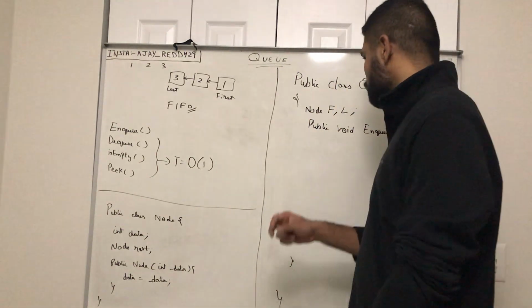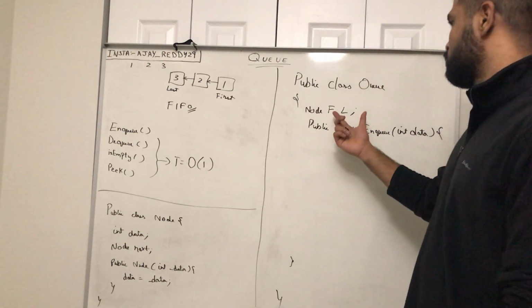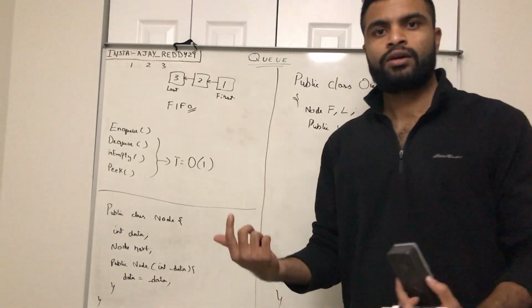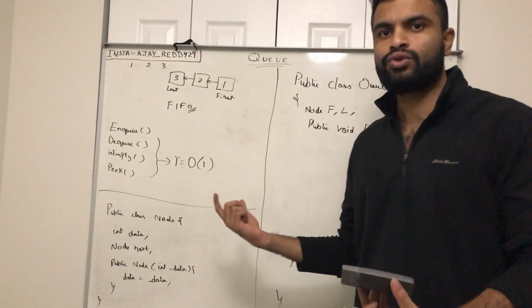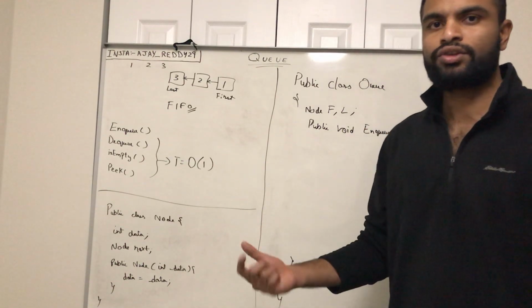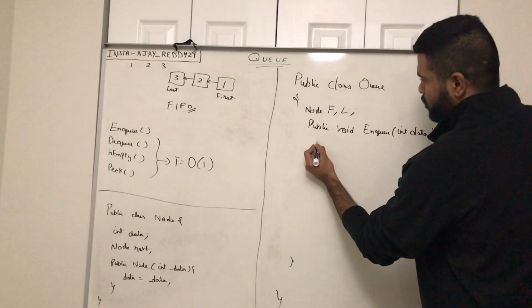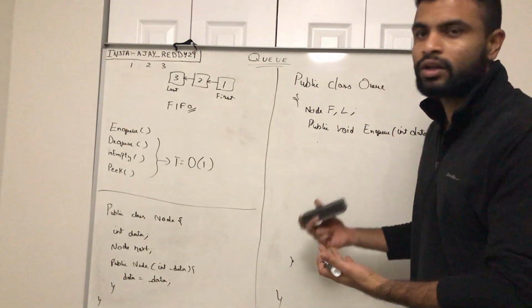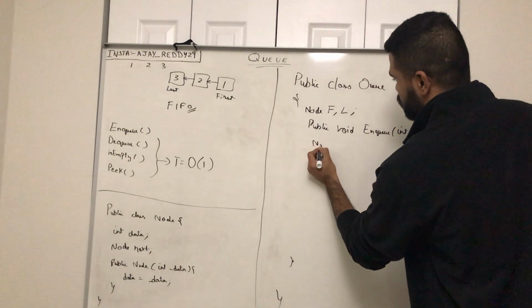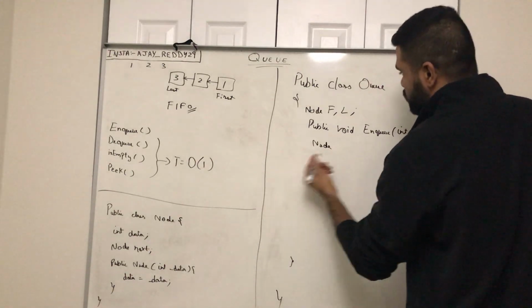If you want to insert any item into the queue, for the first time the first and last will be null. In that scenario, you have to just assign the new node to first and last. Let's see how it is. Whenever I'm inserting a new item, I create a new node of this class.